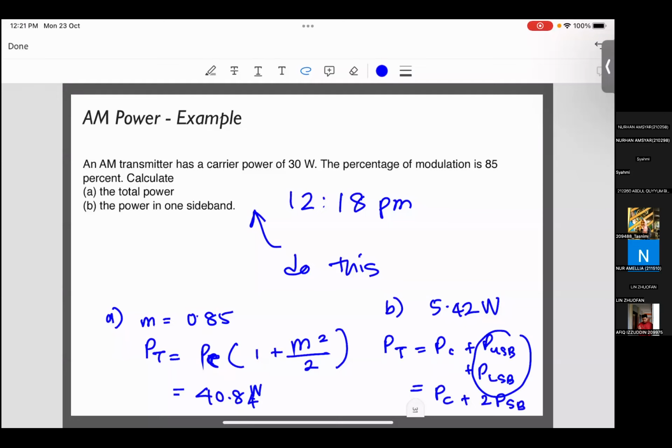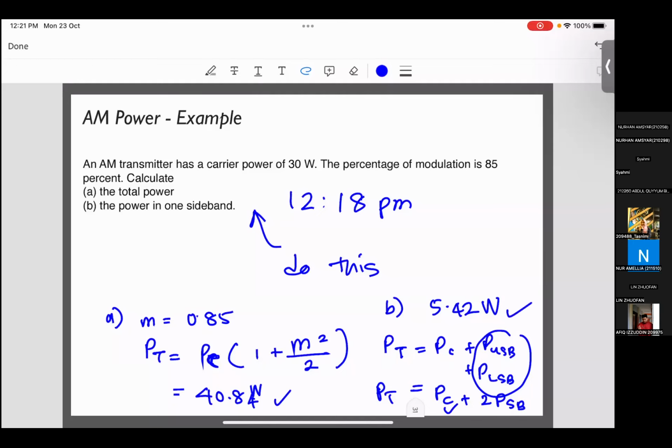This is just generalizing the sideband to become SB, and you have two of them. You know what PT is because Afiq already found the power for us, and we know what PC is. So PT minus PC divided by 2 will give you the power for one sideband. So the answer is 5.42.